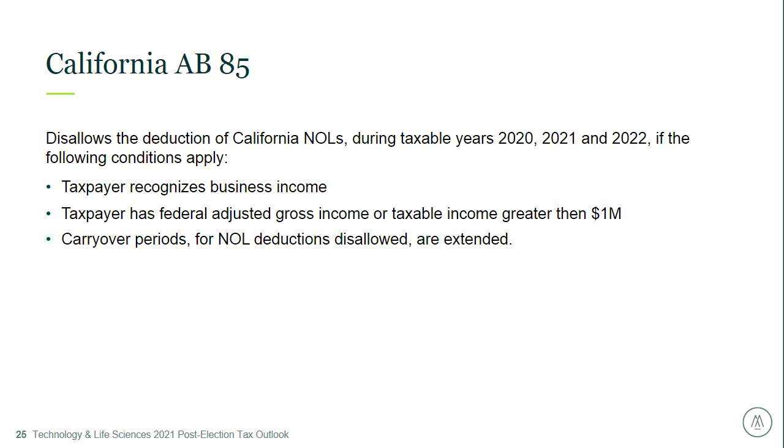First, it disallows the deduction of California NOLs during taxable years 2020, 2021, and 2022 if a taxpayer has federal AGI or taxable income greater than $1 million. So it's kind of interesting, it's actually based on federal taxable income numbers. And if your NOLs are disallowed, the carry forward period is extended in varying degrees.